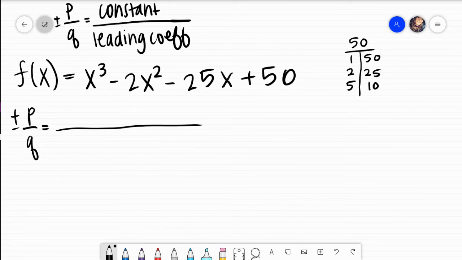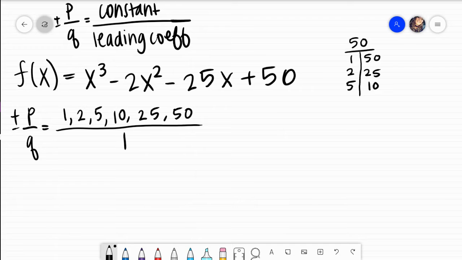All of those numbers individually, that's what you list. I usually go in ascending order. So I would say it's 1, 2, 5, 10, 25, 50. And then my leading coefficient, that is just a 1.